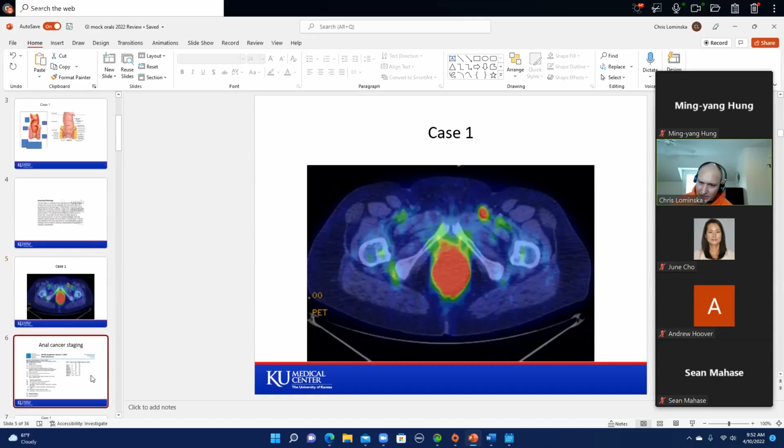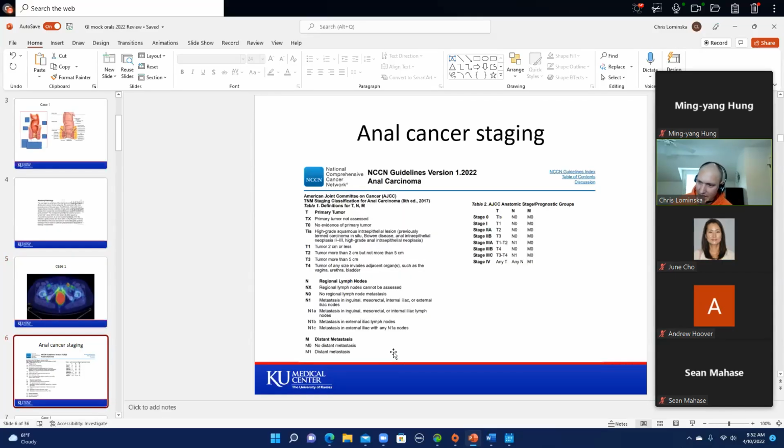Staging: several of you asked how important staging is for these. I personally think it's worth being familiar with the staging. I doubt that you would be failed on a staging question, unless it impacted treatment and prognosis. If you fail to grasp an imaging or exam finding that would change your treatment recommendations, I would have some concerns there.